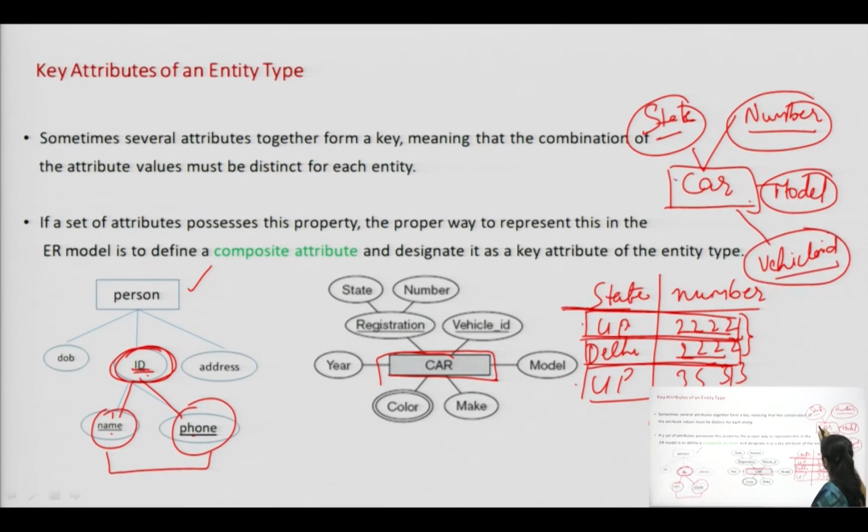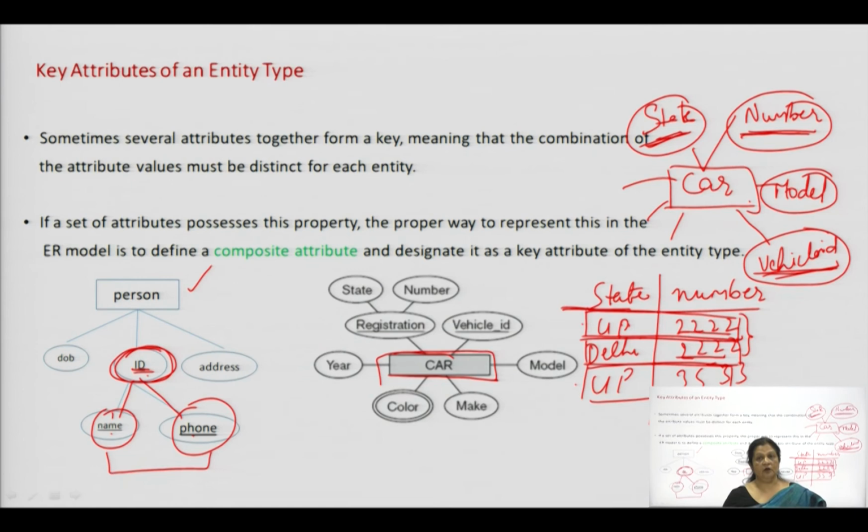And of course, the other attributes are there. So, if I show it like this, then what will this mean? This will mean in the ER diagram that state is a key, because I am underlining this attribute. This will mean that number is a key, and this will also mean that vehicle ID is the key.